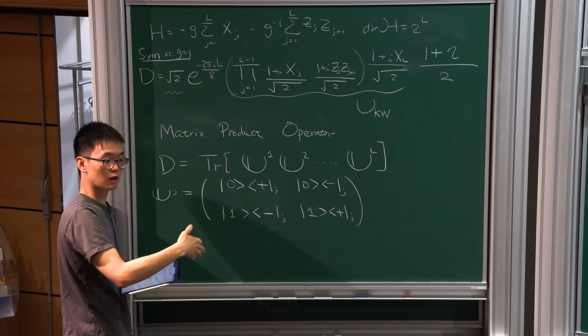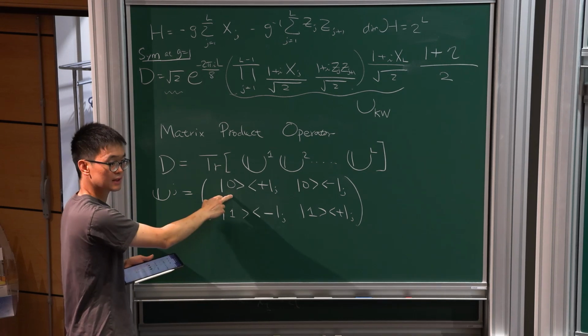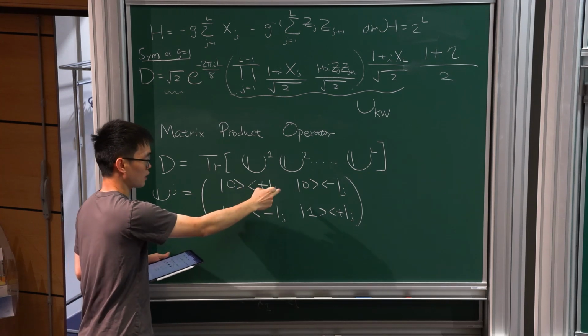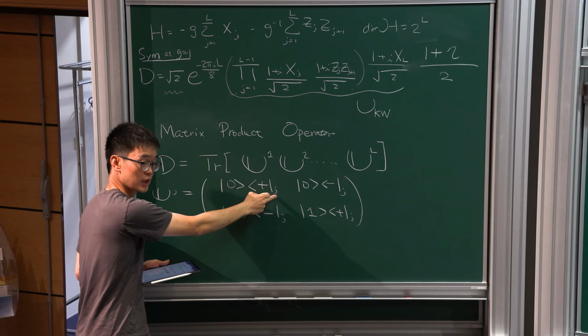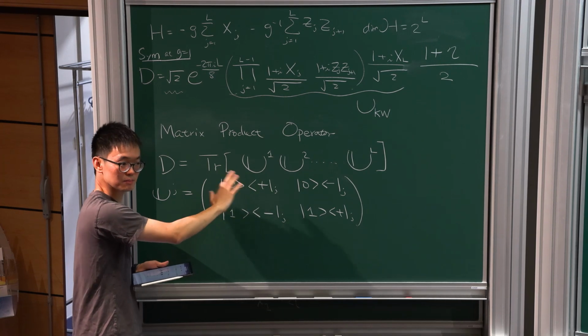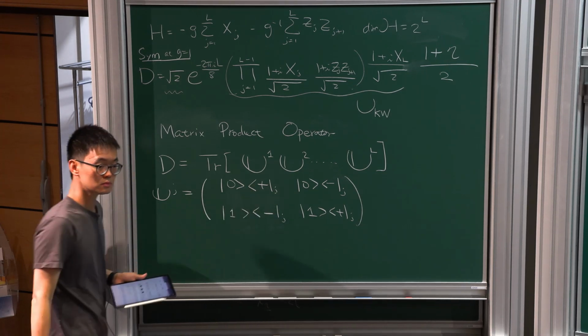Plus and minus are the eigenbases for the Pauli X operator. This is a ket, this is a bra. Both the ket and the bra are on the site J. I should have written a J here, but just to simplify the notation, I only write J once.